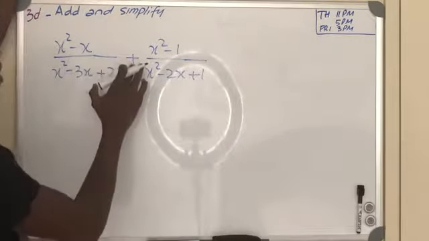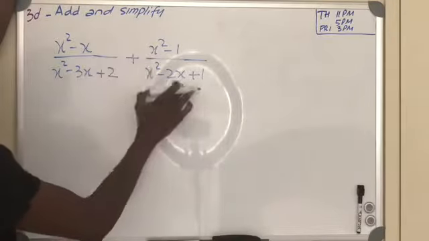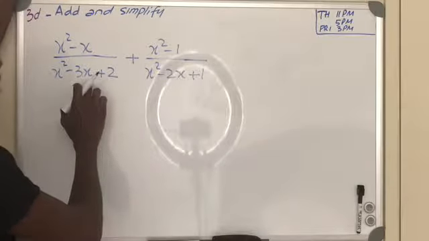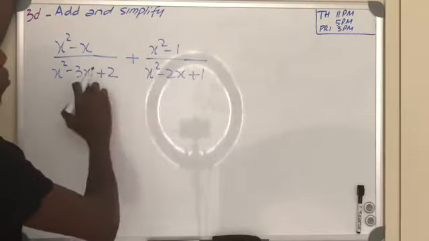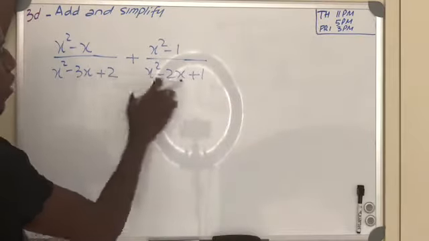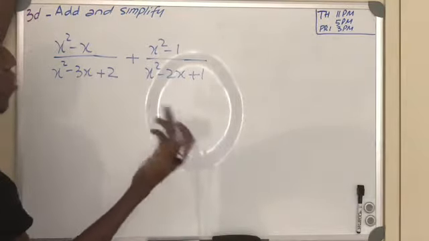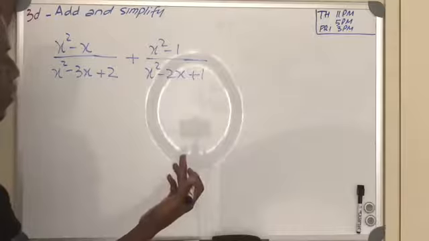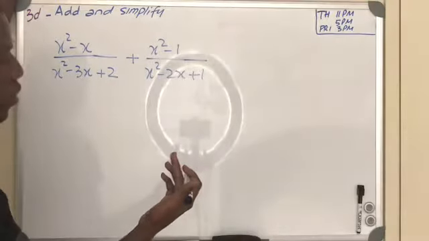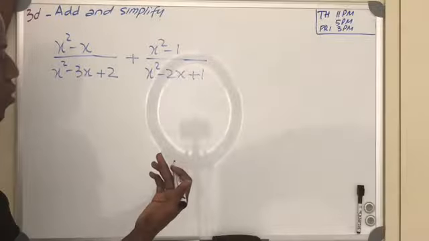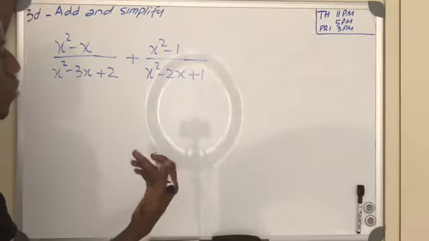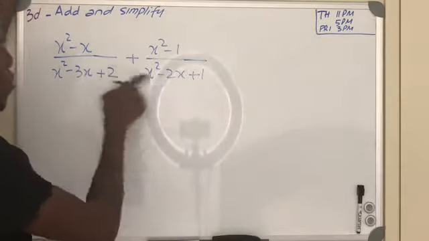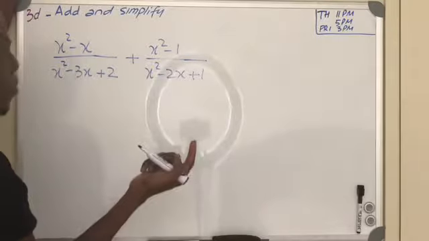So when adding two fractions that have trinomials, the first thing you need to do is try to factor out these trinomials, because most of the time when you factor them out, you're going to have like terms in them, like factors that are the same, that you might be able to use to simplify the denominator. So you have to factor out these two and see what you can do from there.